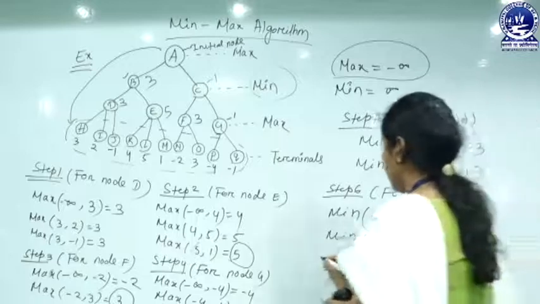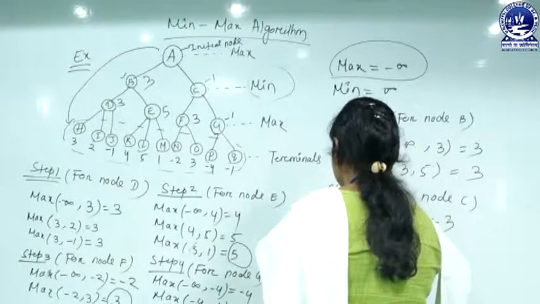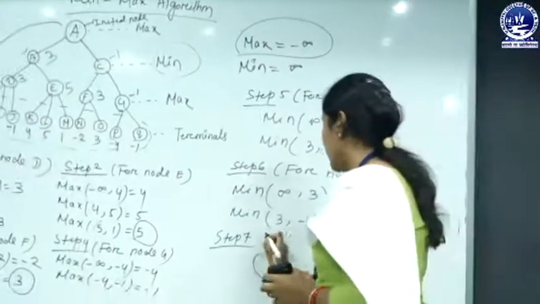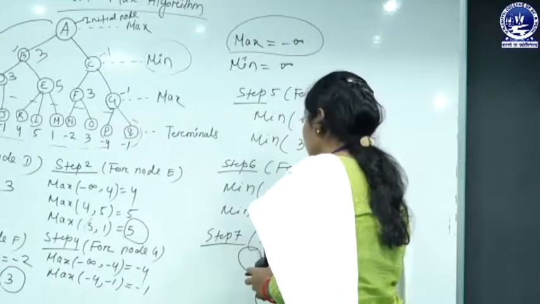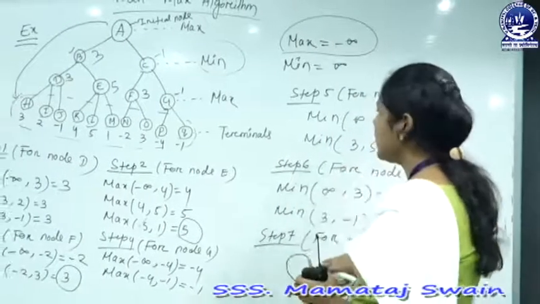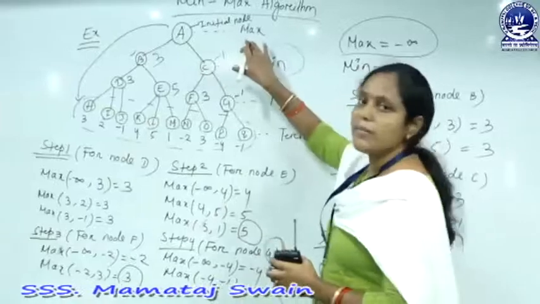Now take step 7. In step 7, here we calculate the utility value for node A, and this node A is the maximizer turn.